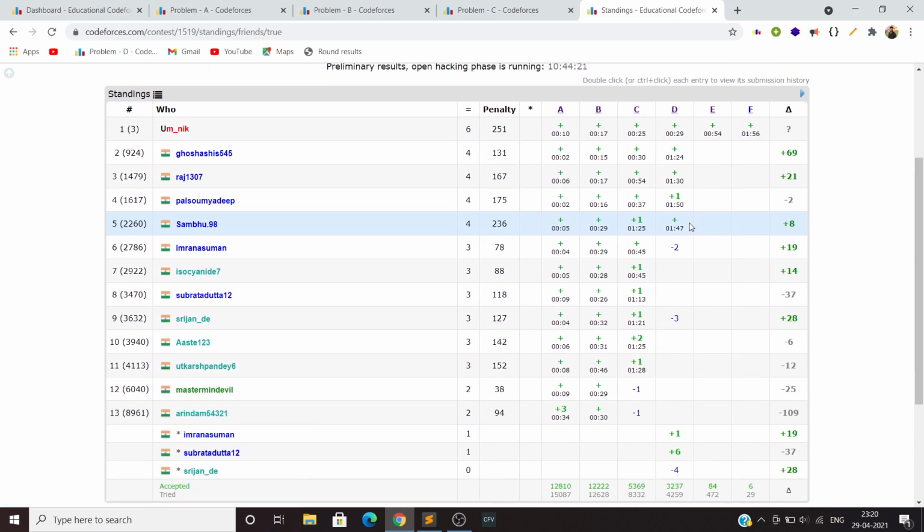For B, I had no idea that the minimum answer would be equal to the maximum answer. I had to calculate it and see it, and I actually have no proof for that answer, so it also took me long to solve B.